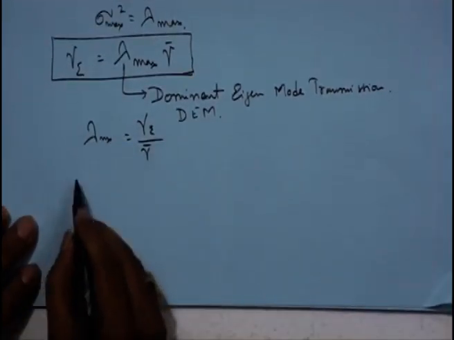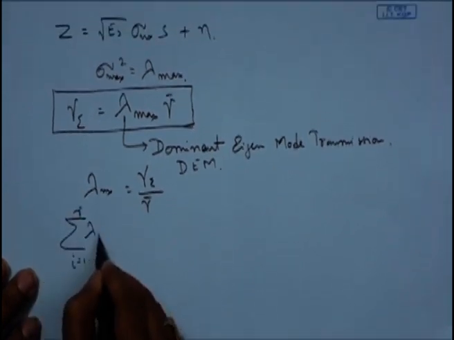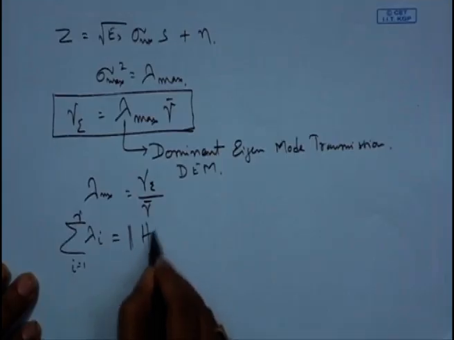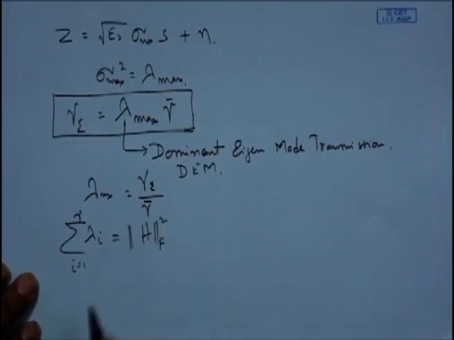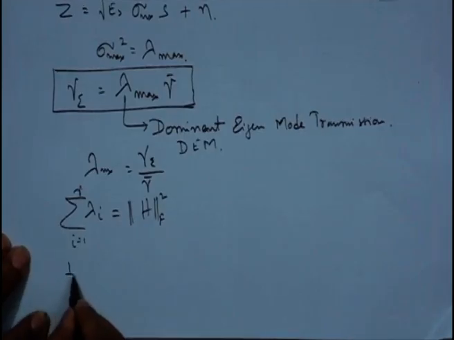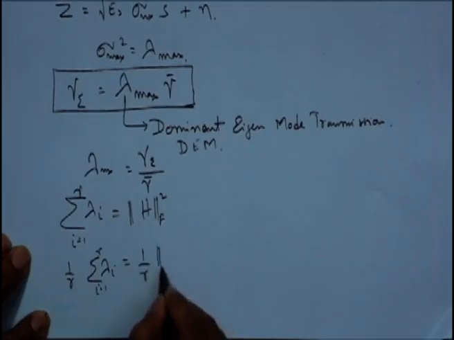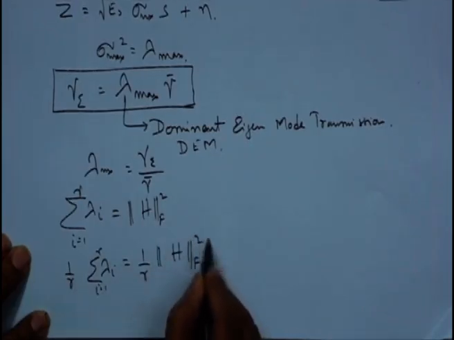So, since we have i equals 1 to r, lambda_i summed is equal to the Frobenius norm of H squared, we could also say that 1 upon r sum over lambda_i, i equals 1 to r, is equal to 1 by r ||H||_F squared.